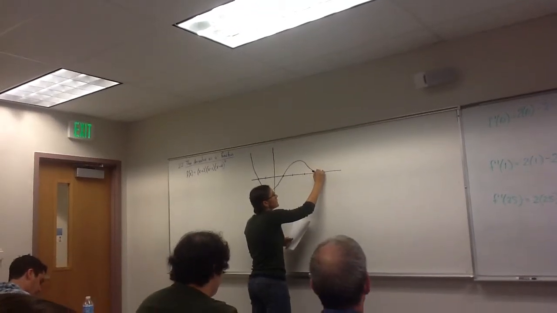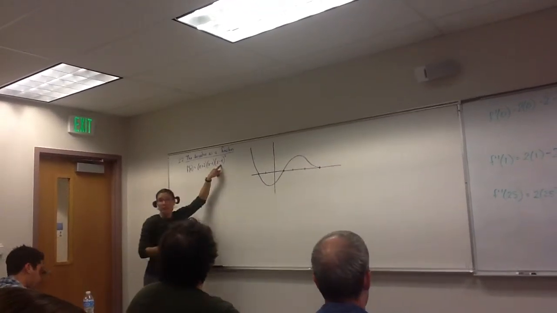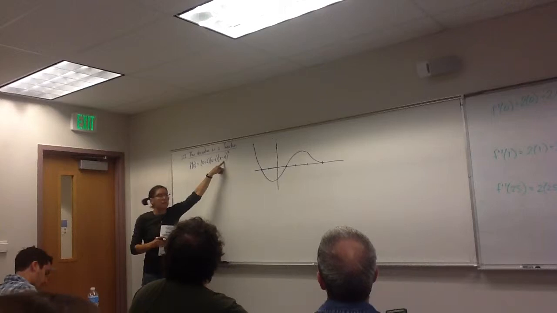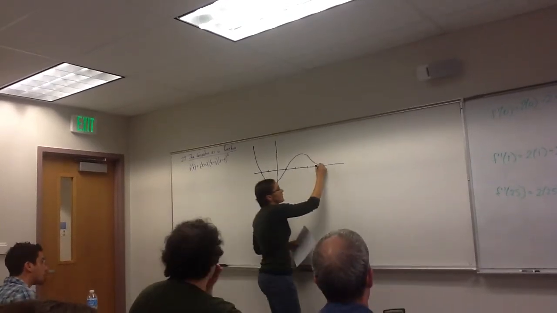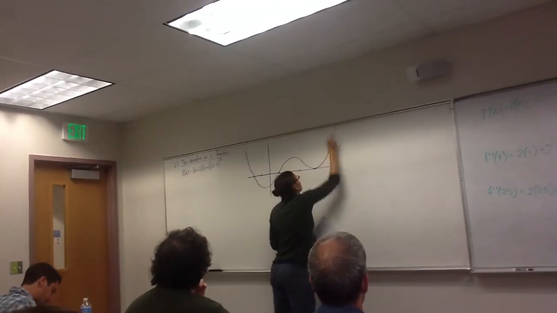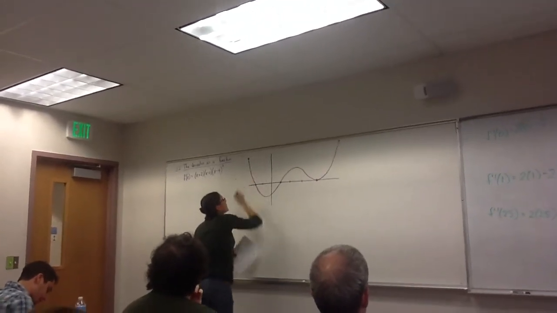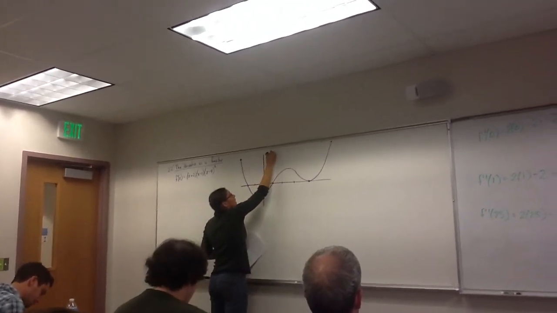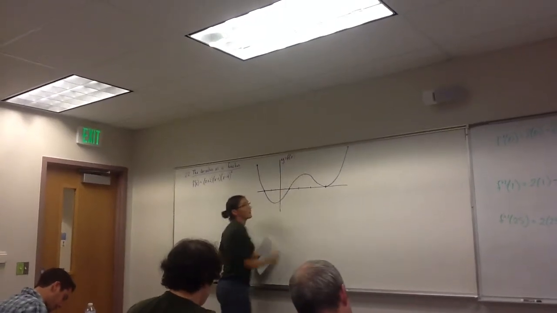And at x equal to 4, because this is a double root, we end up with something that looks kind of like a parabola. So our function just touches the x-axis and then heads back upwards. So this is our function y is equal to f of x.